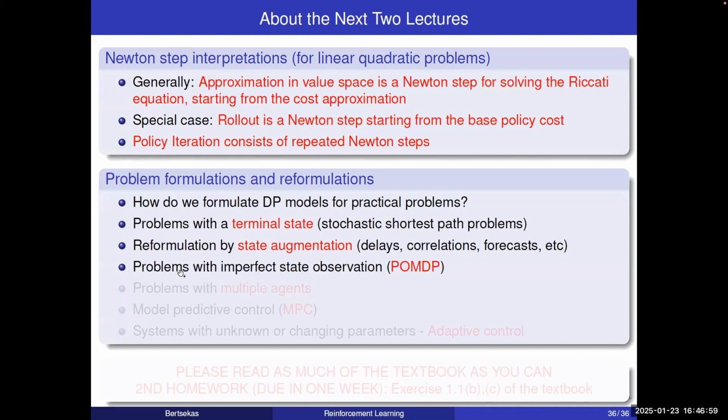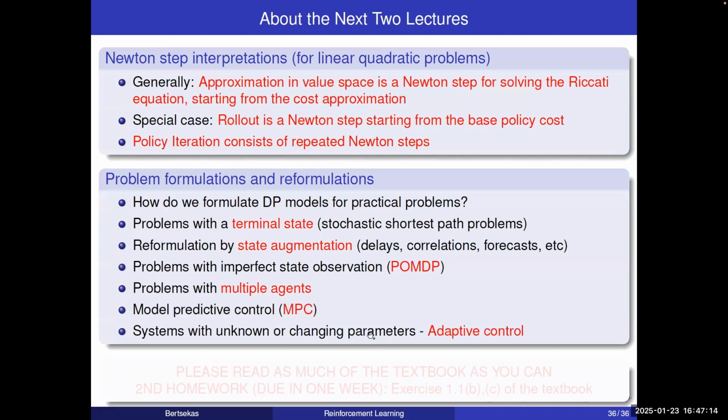Also, problems involving imperfect state information, the POMDP problem. How do we formulate that? And problems with multiple agents, problems with continuous state space, and problems with unknown or changing parameters. So all those things will be covered.